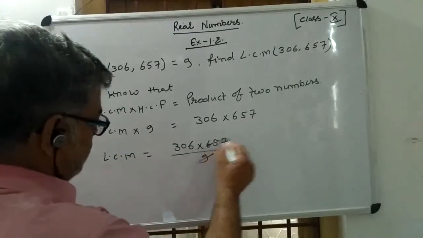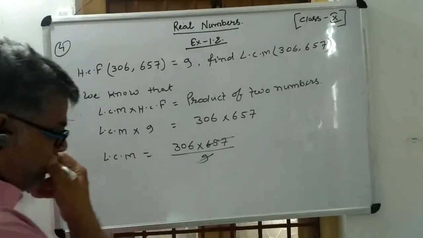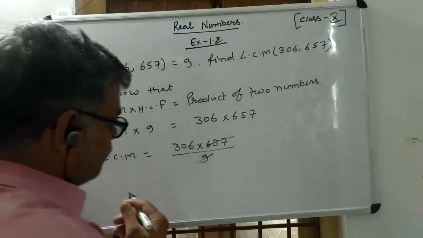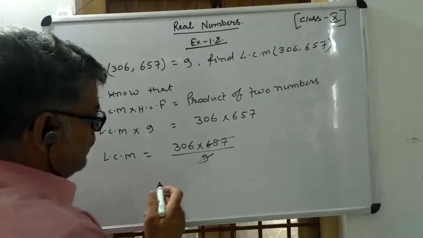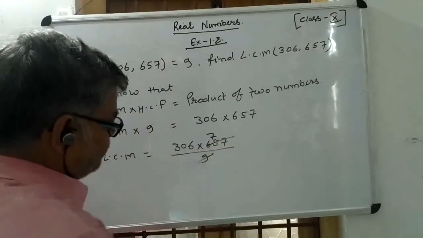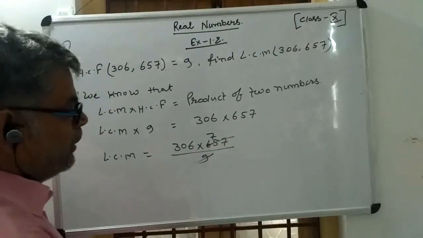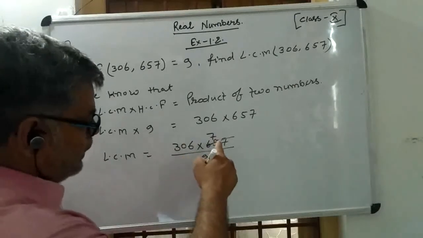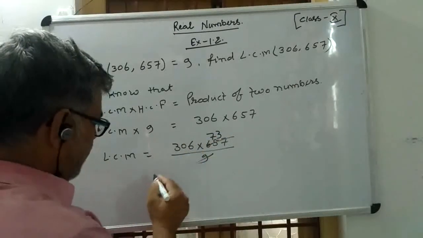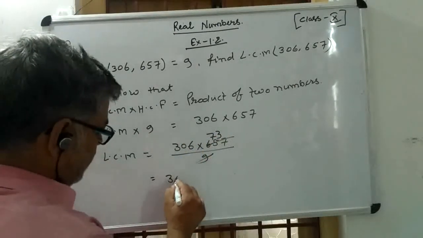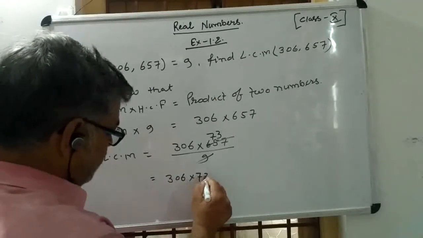When you cancel it, 9 sixes are 54, 9 sevens are 63, and 657 divided by 9 gives 73. So we have the LCM as 306 into 73.